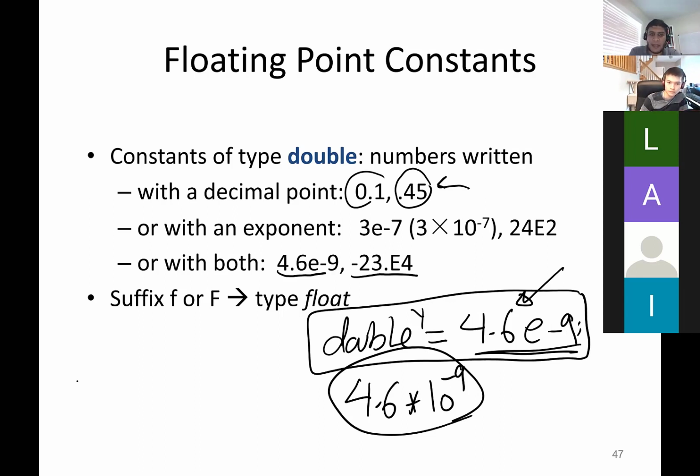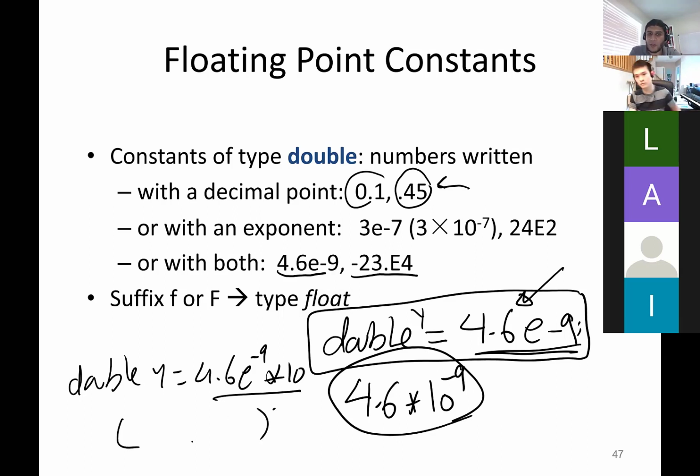For example, double y equal this multiplied by 10 divided by something, right? Or another way is a comparison expression. For example, if y is less than or equal 4.6E-9, right? So any use of an immediate value, this is what I mean by this.